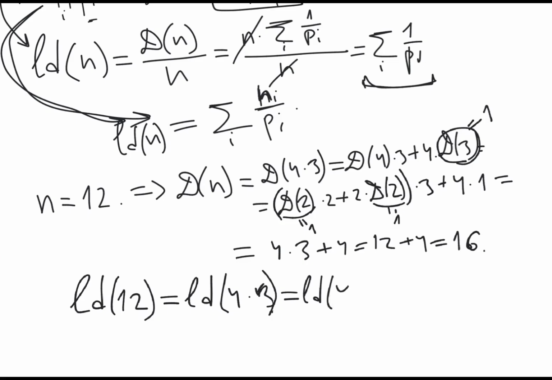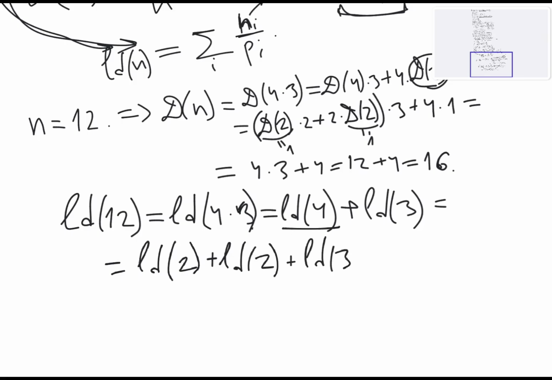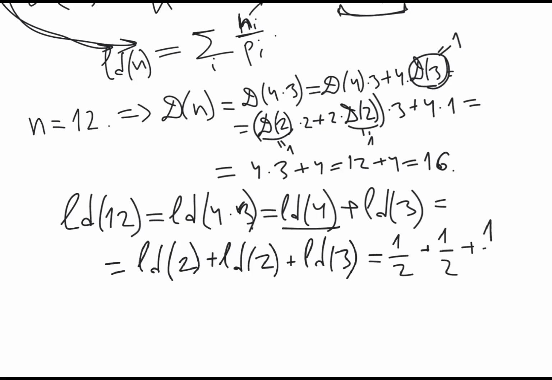So it is LD of 4 plus LD of 3, and LD of 4 now is equal to LD of 2 plus 2, so 2 times LD of 2, plus LD of 3. For a prime number, the arithmetic derivative is equal to 1. So when we divide it over the number itself, it would be 1 over the prime number. So 1 over 2 plus 1 over 2 plus 1 over 3.